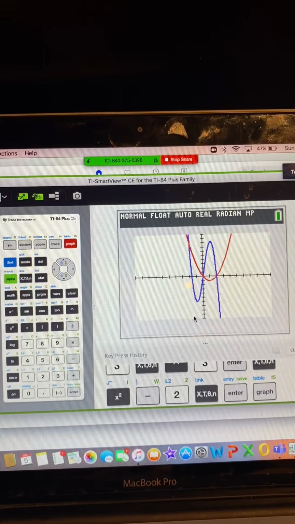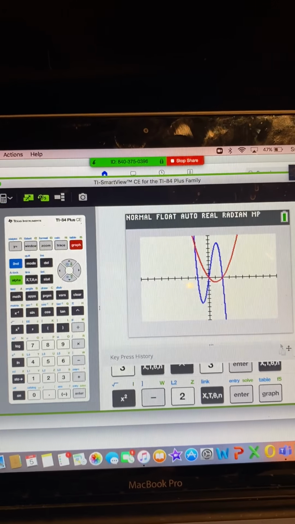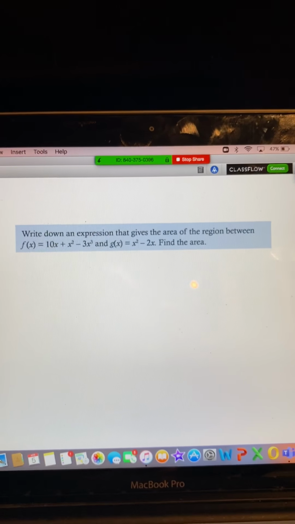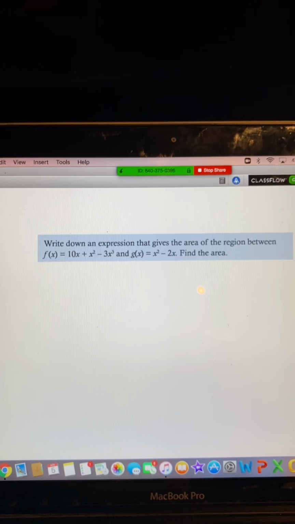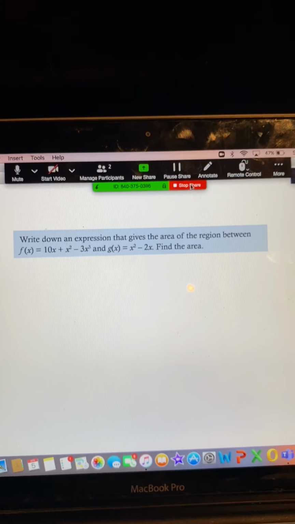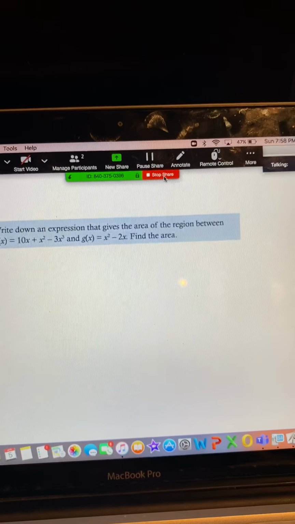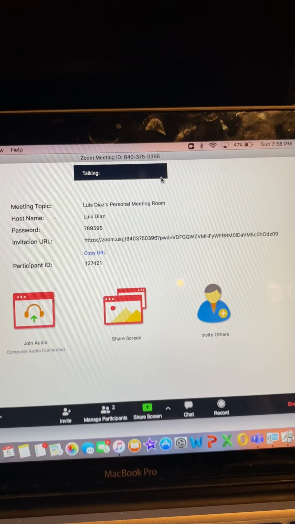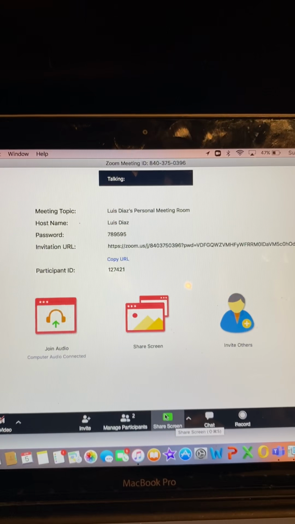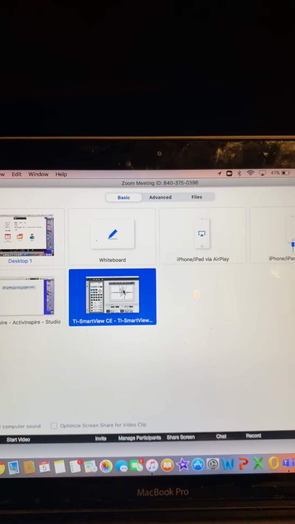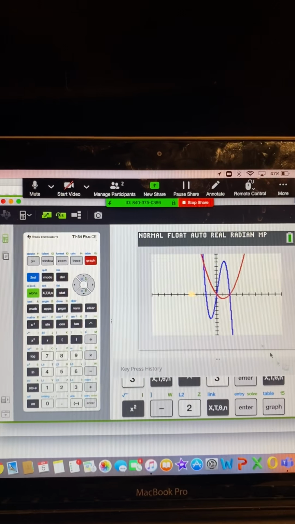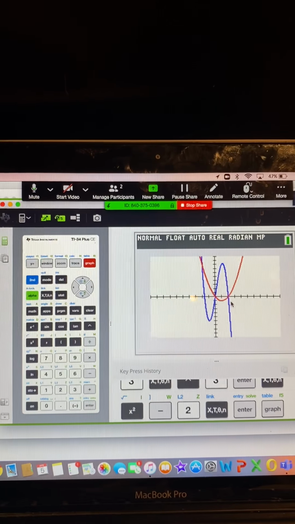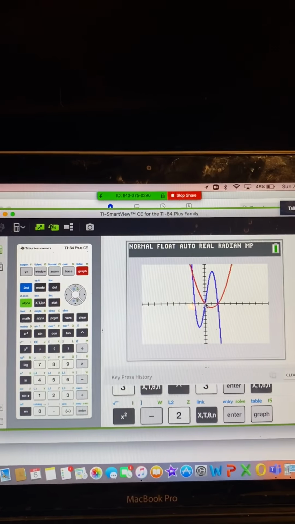So we're going to find this area in here. Let's just take a quick look.